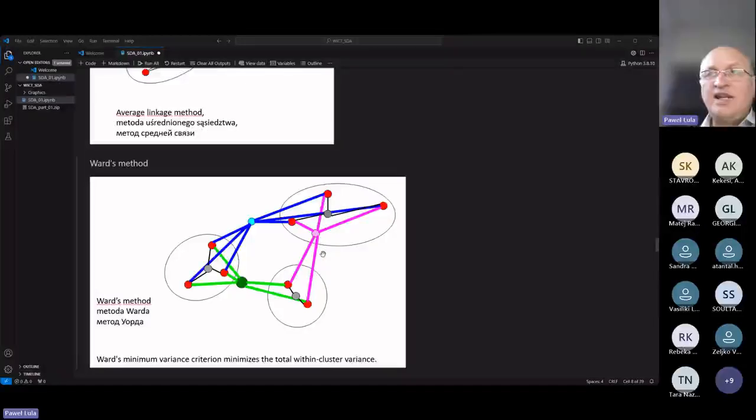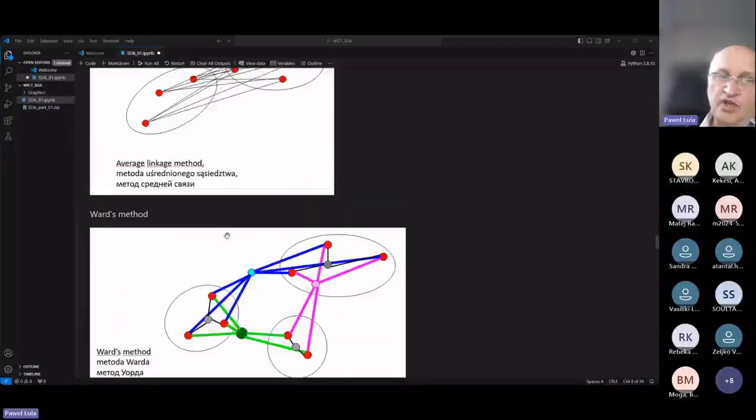But we should select this solution for which the increase of variance will be the smallest. And these two clusters we should join during next step. It is the main assumption and the main criterion which is used in this method.